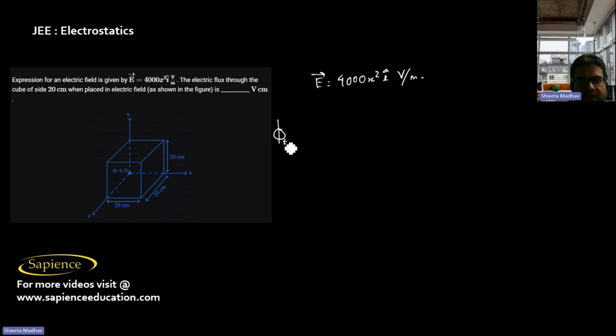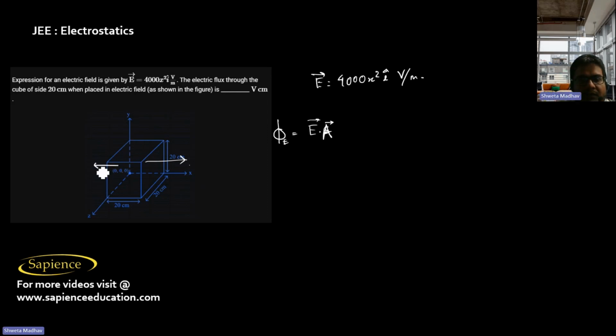So the flux phi E is given as E dot A. The electric field is acting along the x-axis only, so only the side faces will contribute to the flux.